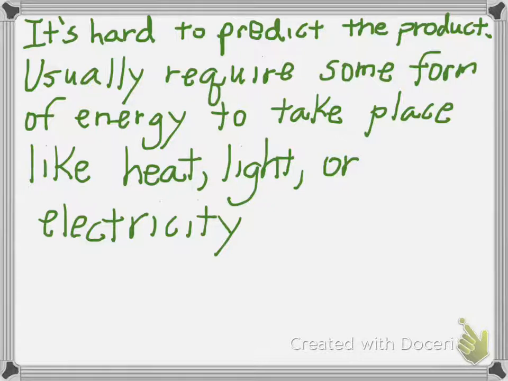But in the springtime, on those couple first nice warm spring days, and you're riding around in your car and you want to have your windows down, you will know when you're near some roadkill because there's quite an odor. And again, that's happening because now there's that source of energy that's allowing that roadkill to decompose. That heat, that light are decomposing that. So typically when you have a decomposition reaction, there's going to be some sort of form of energy necessary for that decomposition reaction to take place. Often it's going to be heat, light, or electricity.